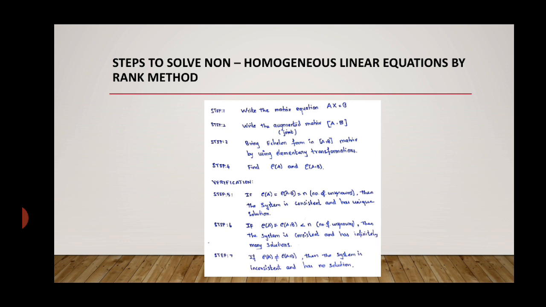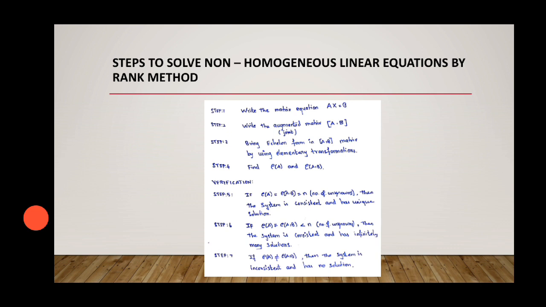The first type we verify, step number 5: if rank of A is equal to rank of A comma B and equal to n, if all three are equal, then the system is consistent and has a unique solution. Now step 6: if rank of A is equal to rank of A comma B, but that is less than the number of unknowns, then the system is consistent and has infinitely many solutions.